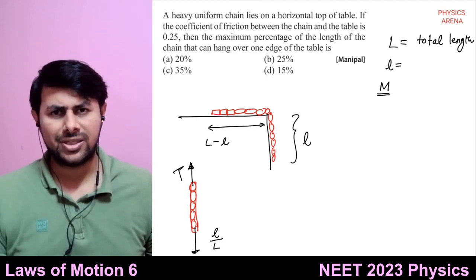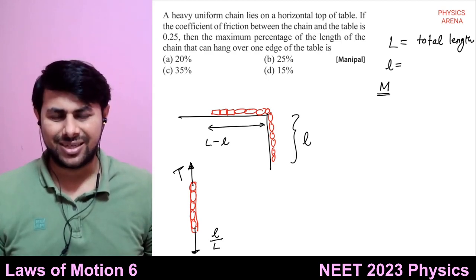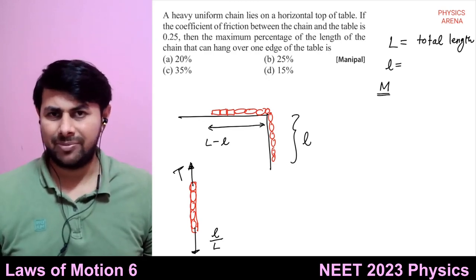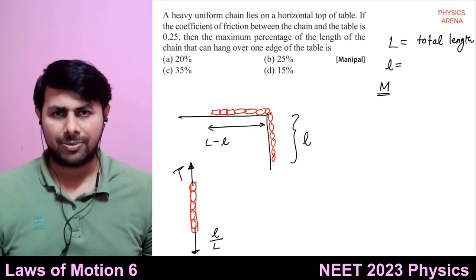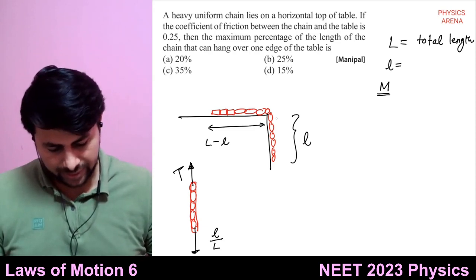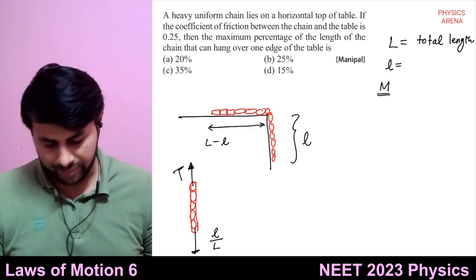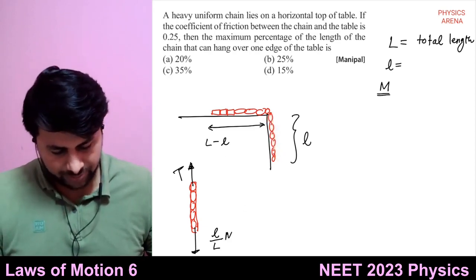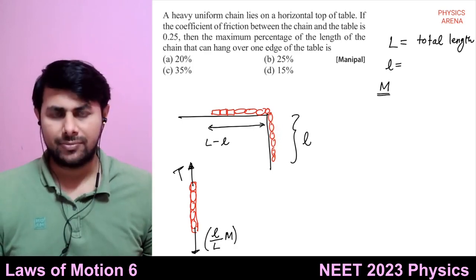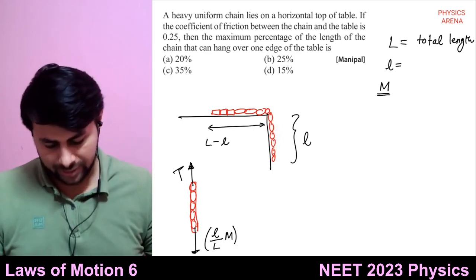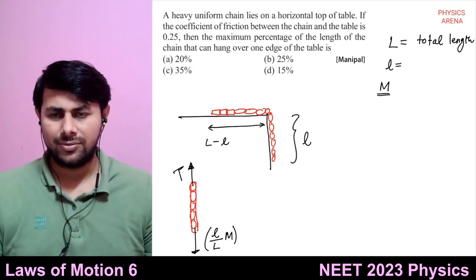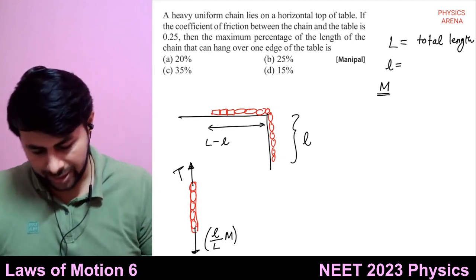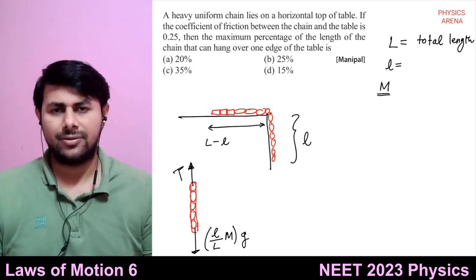This can be 50%, this can be 25%, this can be whatever. We have to find out that percent. So l upon capital L, this length divided by the total length multiplied by the mass, this much would be the mass of this section. And multiplied by g is its weight.